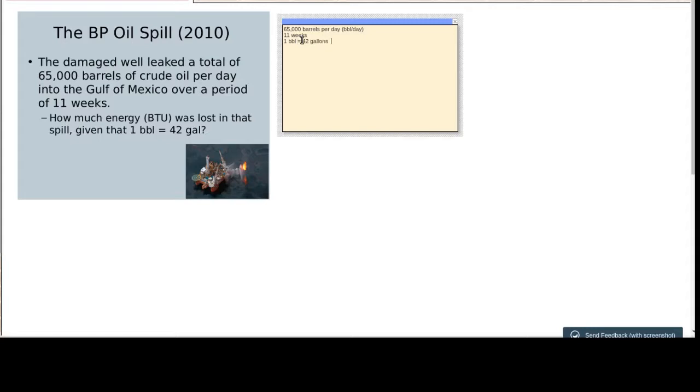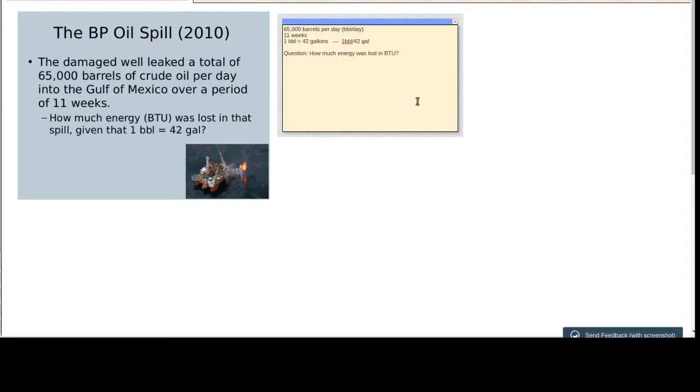Another way to write that is as the fraction 1 barrel per every 42 gallons. Okay, and what's our question? Question is to figure out how much energy was lost in BTU. How much energy was lost in British thermal units?